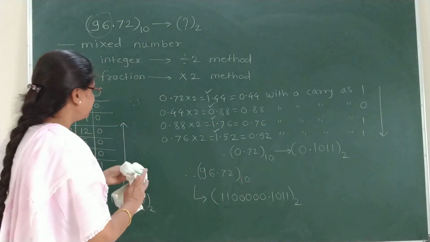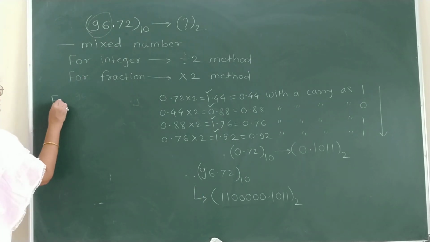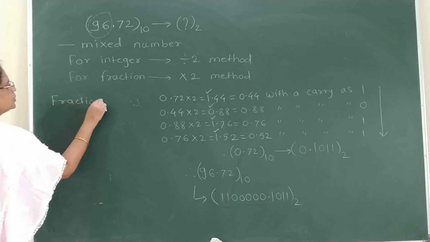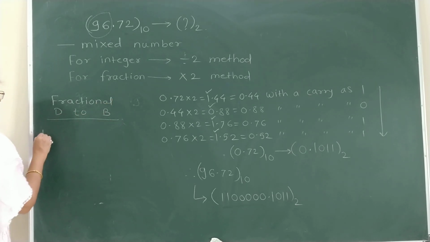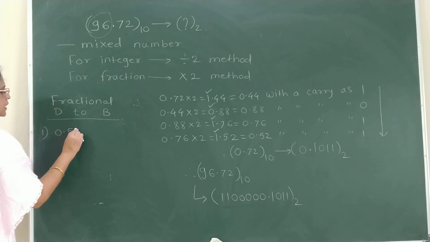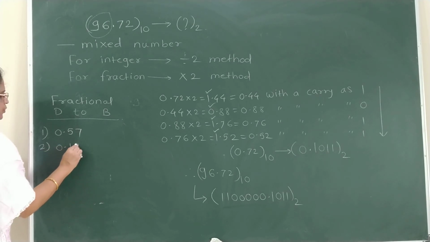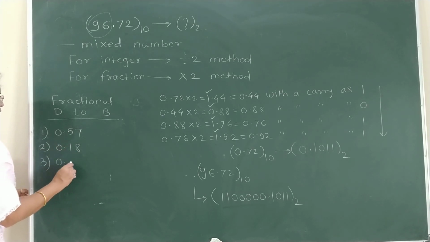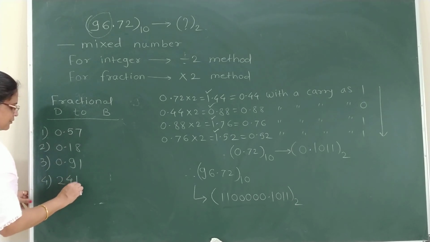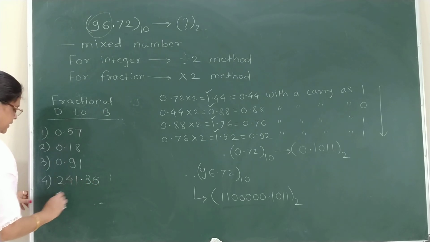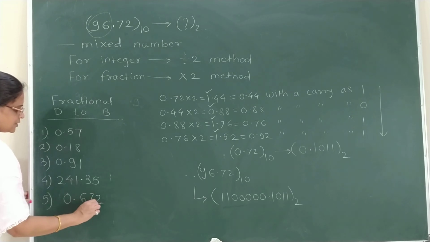So now you can practice converting fractional decimal numbers to equivalent binary. Here are the examples that you have to try: 0.18, third 0.91, fourth 241.35, and fifth 0.672.